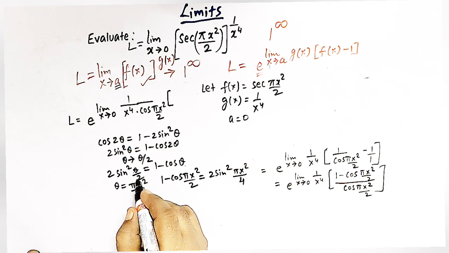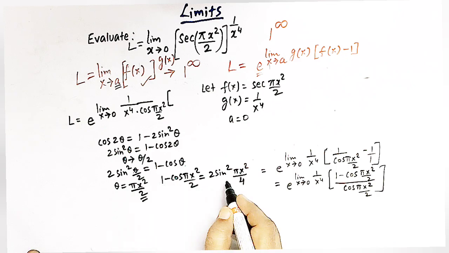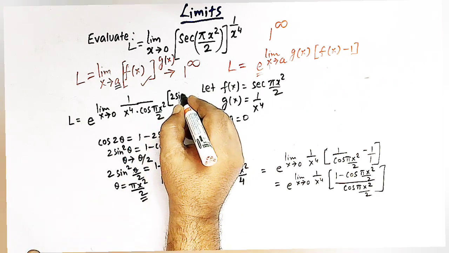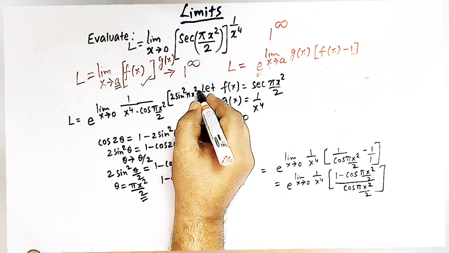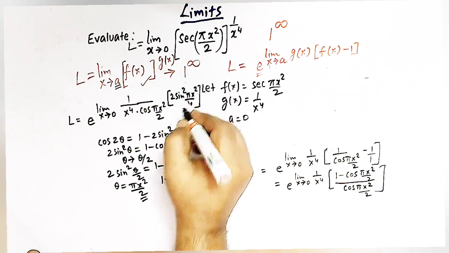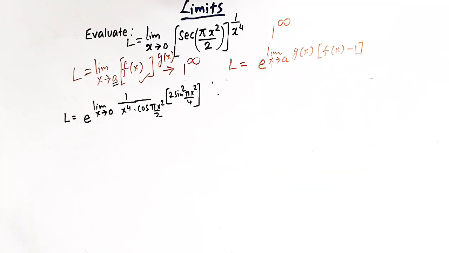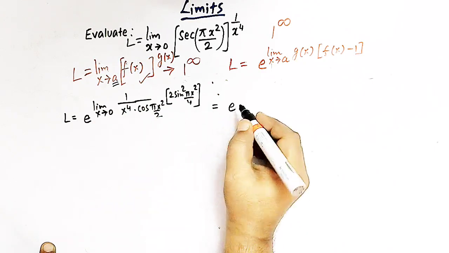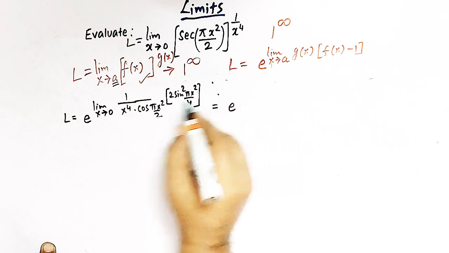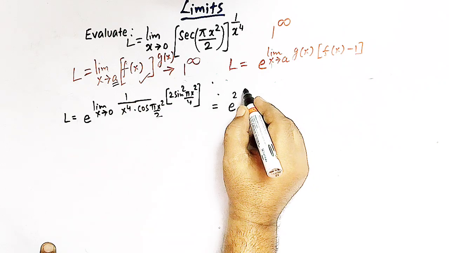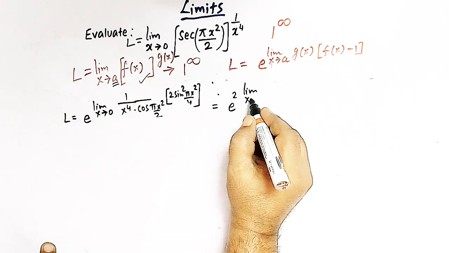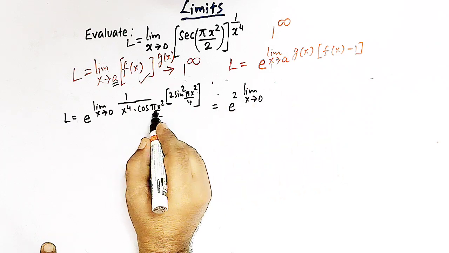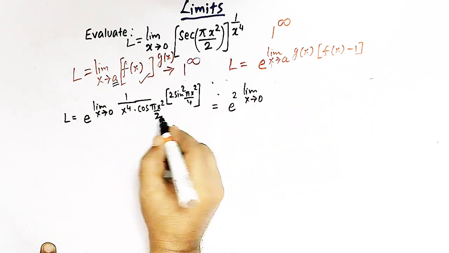So this 2 is multiplied with this 2, right? So here we have simply 2 sine square pi x square over 4. Now let us rearrange the terms here, and we can take this 2 in front of the limit notation, and here we have limit x tends to 0, and we can take cos pi x square over 2.